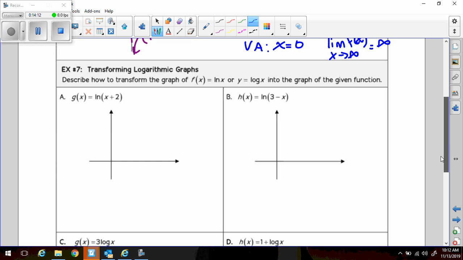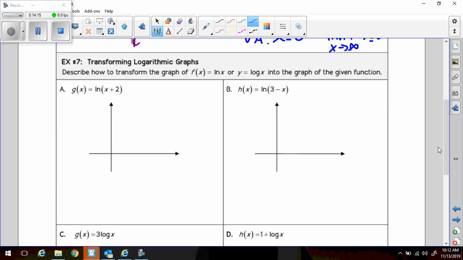Alrighty, so let's look at how we transform from this graph to these graphs over here. So I want to do this one because you're just going to move it to the left 2. We do the opposite of whatever's in the parentheses. This one, do you see that we're doing 2 things?